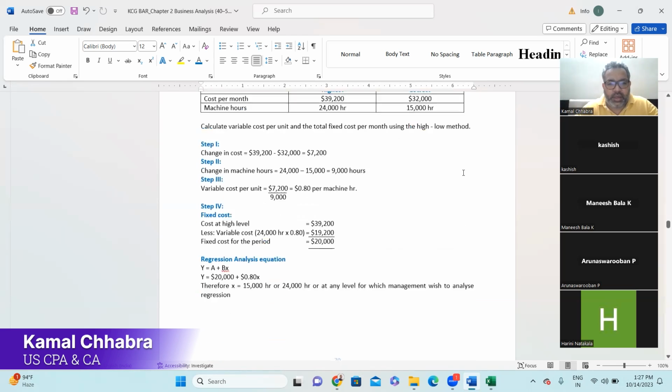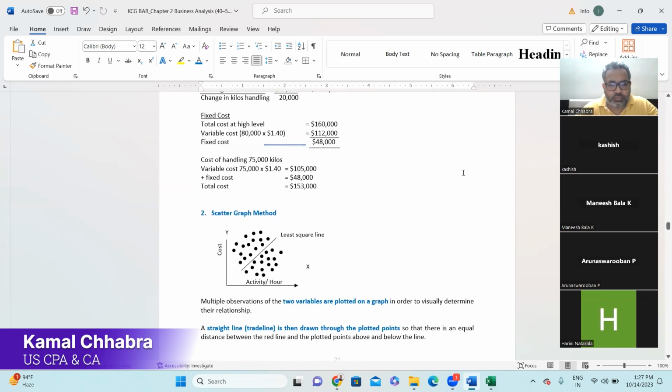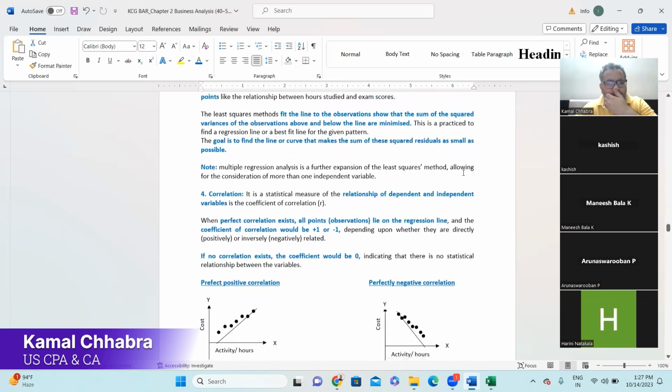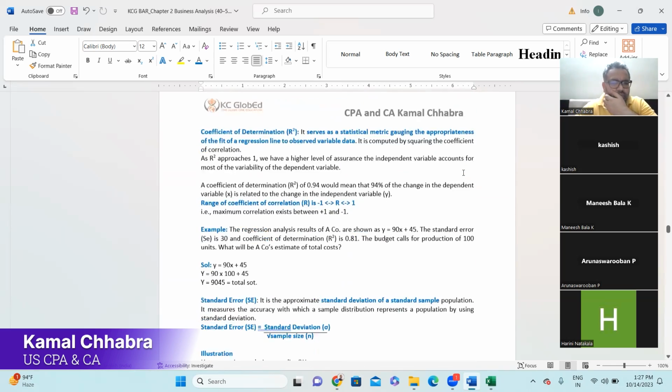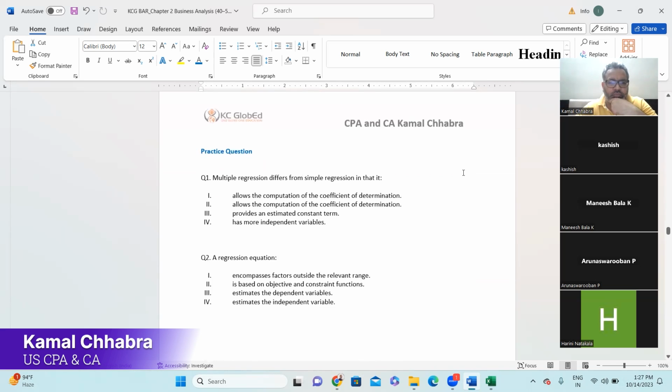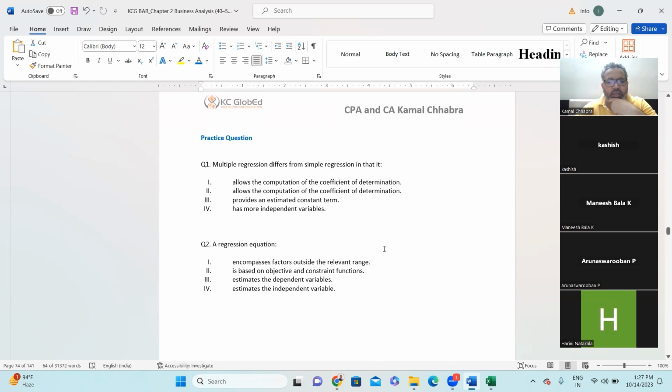So now coming back to the question. What does the regression equation encompass? Does it encompass factors outside the relevant range or within the range?